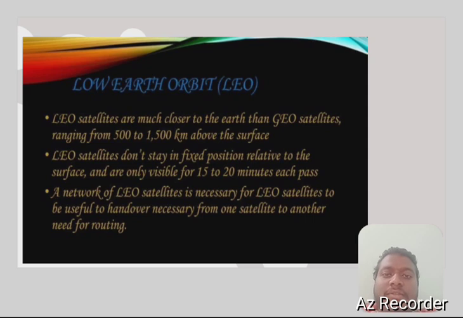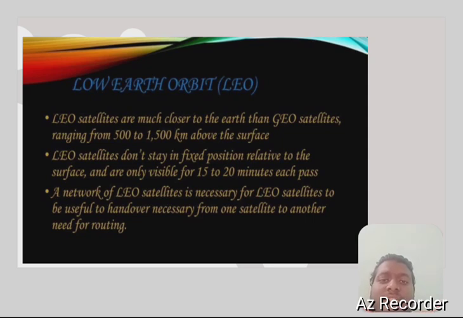Next, LEO, low Earth orbit. The LEO satellites are much closer to the Earth than GEO satellites, ranging from 500 to 1,500 kilometers above the surface.